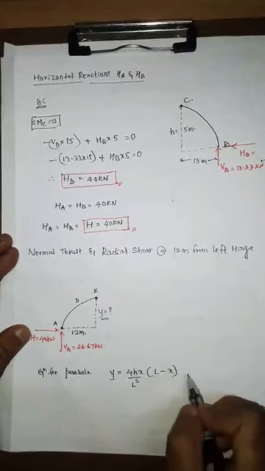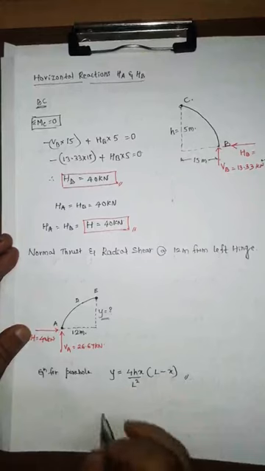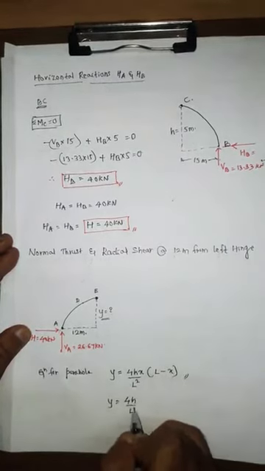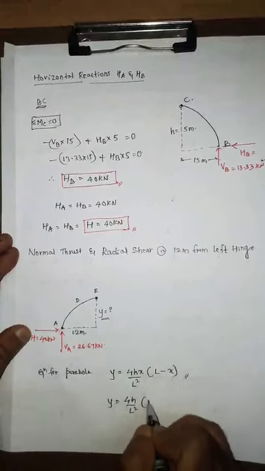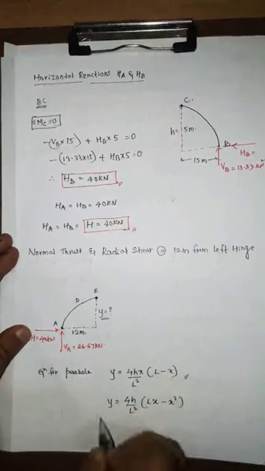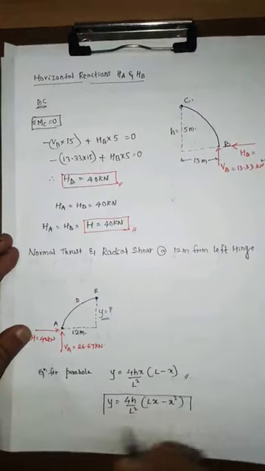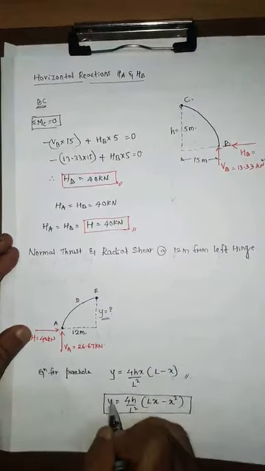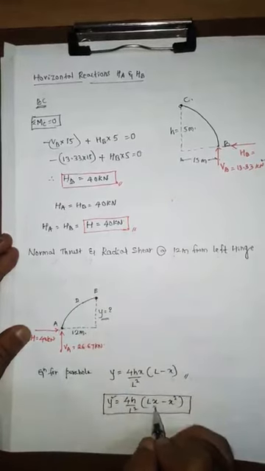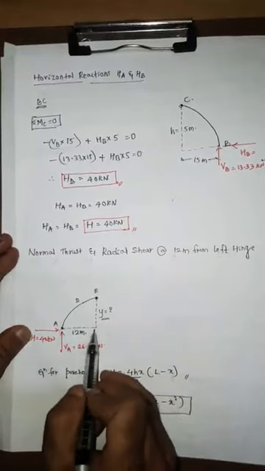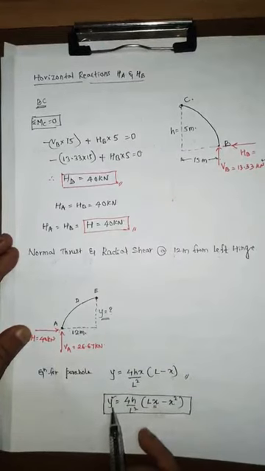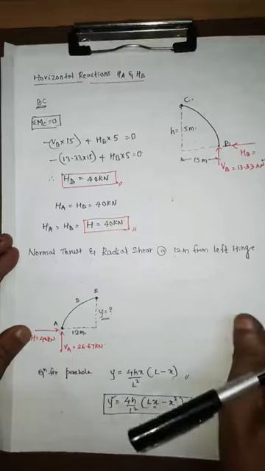Or you can say y is equal to 4h by L square, taking x inside, into Lx minus x square. This is the equation of the parabola, which gives the vertical ordinate at any point. Now x is 12 meter, so I'm going to substitute x is 12 meter, then I can find this y.